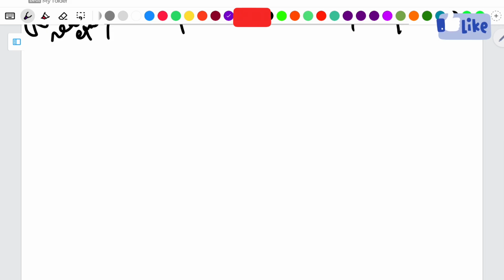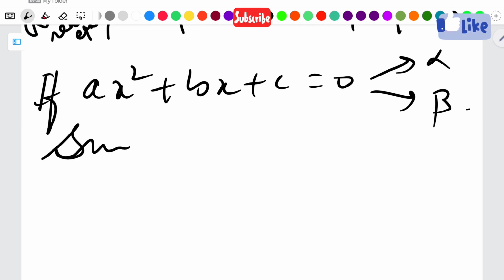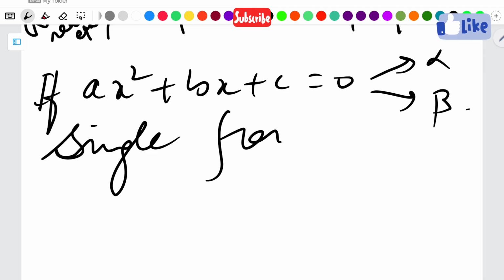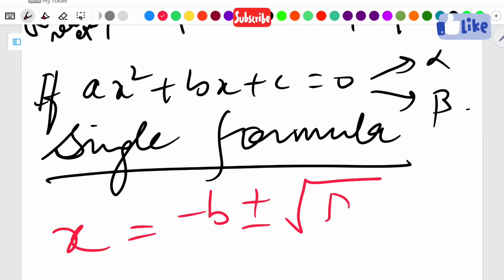Now one more important concept: if ax square plus bx plus c is equal to 0 is a quadratic equation having one zero alpha and the other one beta, you can find both the zeros of this quadratic equation by using a single formula, and that is x is equal to minus b plus minus root under d by 2a.